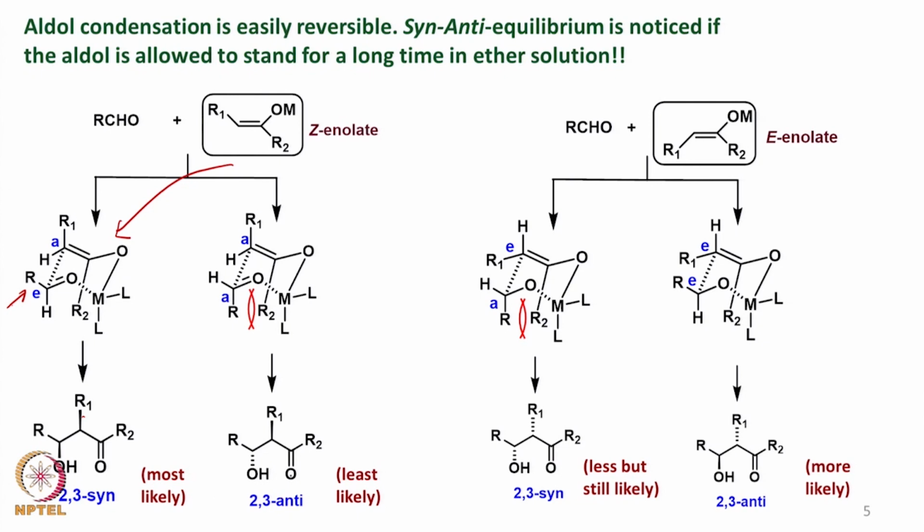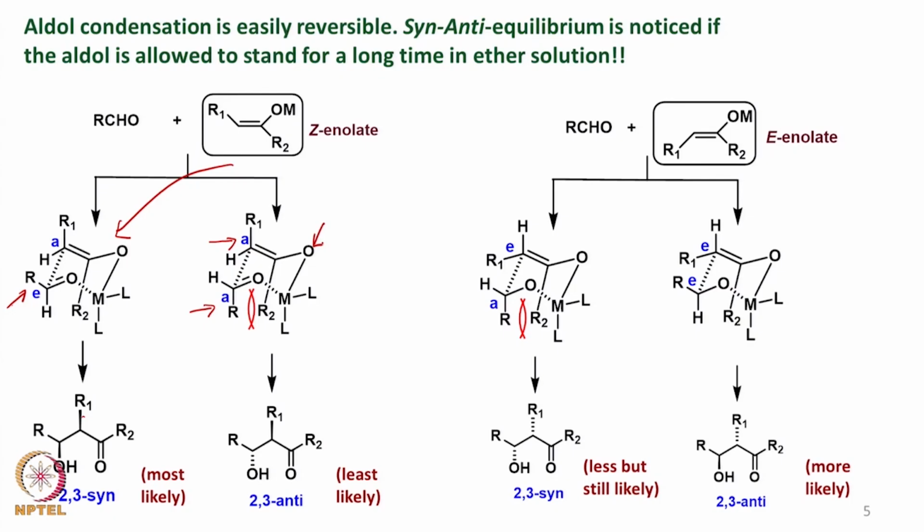In the second possibility, we can orient the aldehyde in such a way that the R group now becomes axial. So, now we have two axials here, the R as well as R1. Here the R1 being axial does not matter much because we do not have any substituents on this particular position, and therefore, there is no 1,3 diaxial interaction.